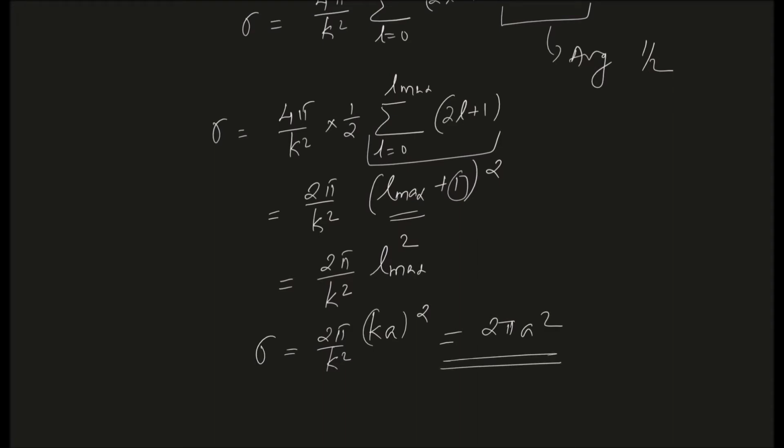So this is the expression for the total scattering cross section if the incident particles have very high energy. If you compare this value with the expression from classical mechanics, this is twice the classical value for the high energy limit.